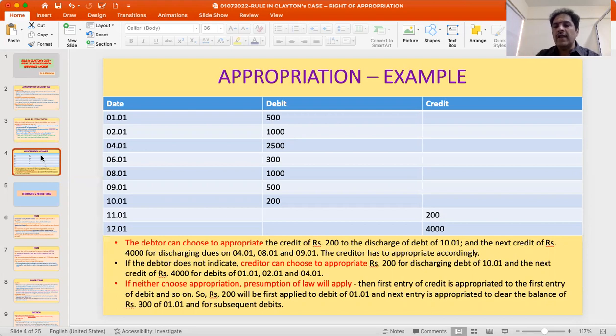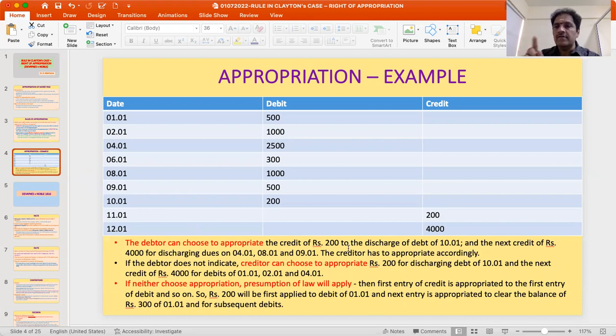So while he is crediting the amount of 200 and 4000, the debtor can choose where this money is supposed to be appropriated. He can say that you strike off the amount that is there on 10th of January. Then the remaining amount of 4000 rupees, you use it for paying out 9th January, which is 500, 8th January, 1000 rupees, and 4th January, 2500, so that the 4200 will be appropriated. Let the older amounts remain.